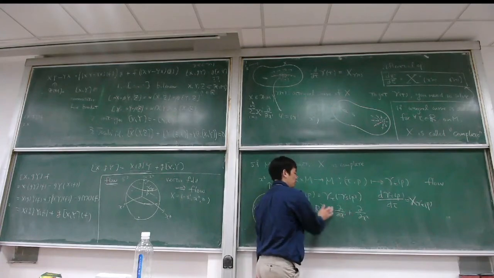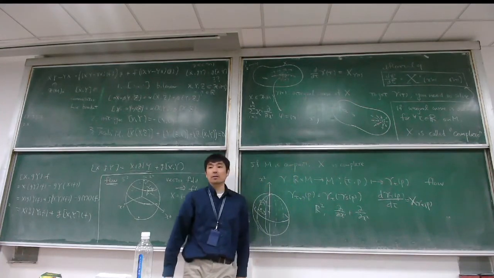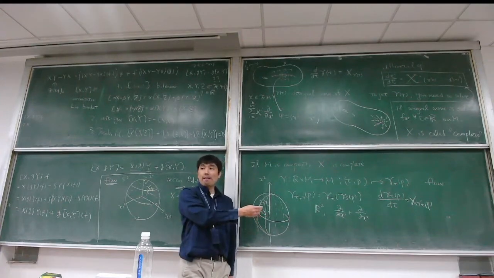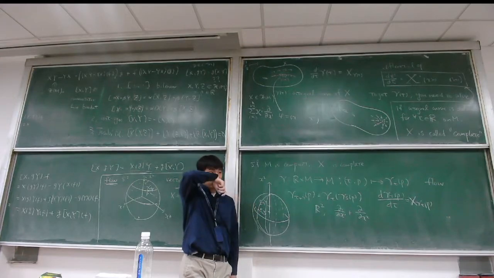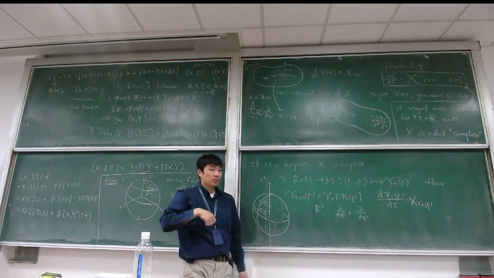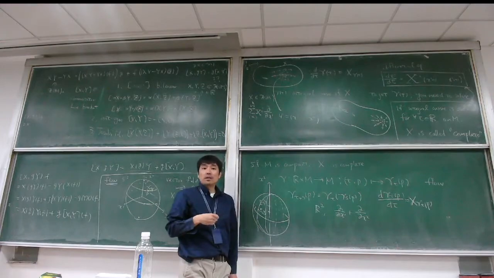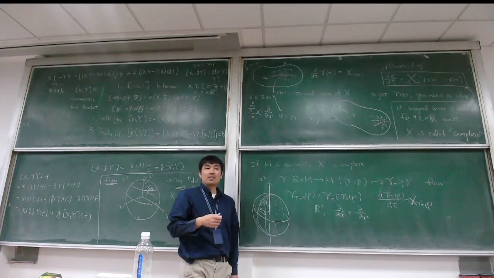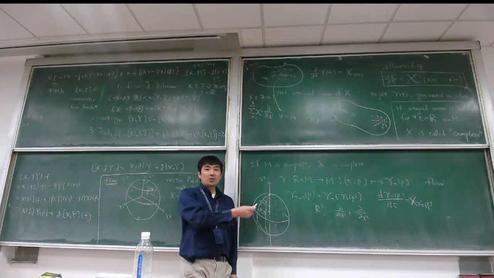How does the vector field look like on R2? Can you draw? Can anybody draw the vector field in R2? How does it look like? Can you draw?